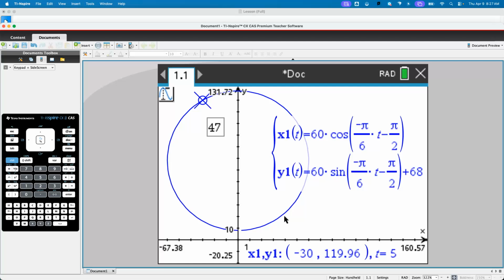I can change my t values to something bigger than 47. That's one option, and then I could type in 47. Or I could type in 11. Okay? Because 47 seconds is also 11 seconds in terms of positioning on the Ferris wheel.